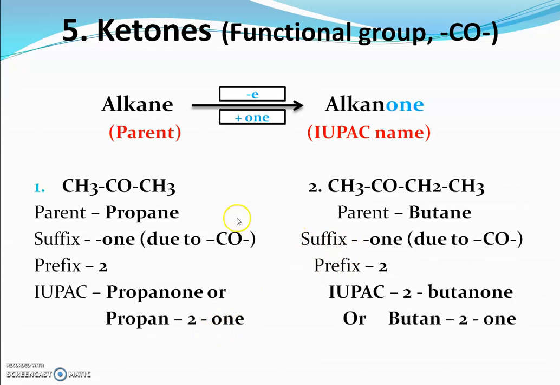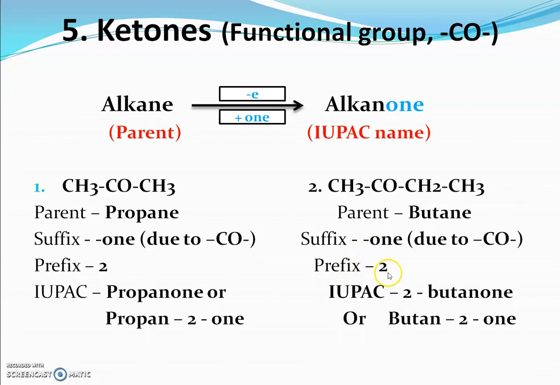The next example is ethyl methyl ketone having formula CH3COCH2CH3. Can you name the parent alkane? The parent alkane is butane because there are 4 carbon atoms. The suffix is ONE due to the presence of the keto group.